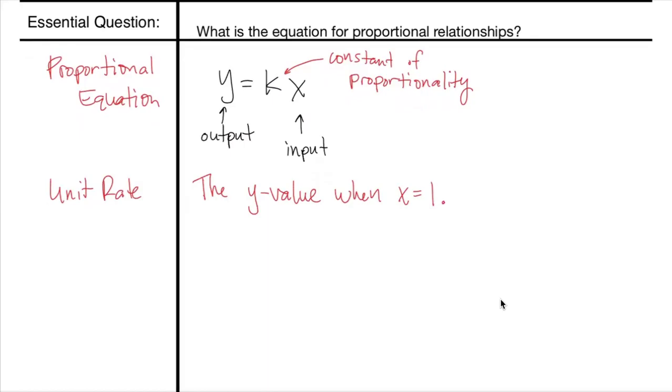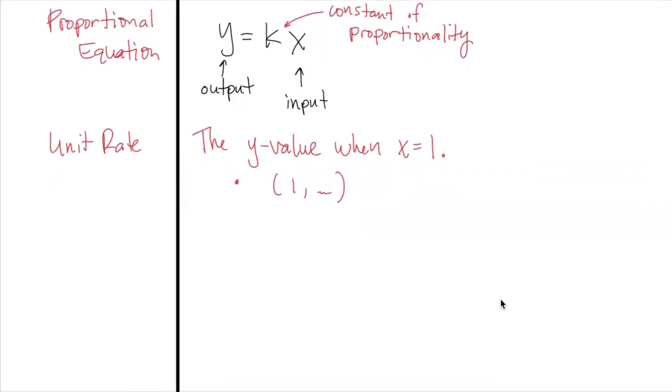Sometimes that looks like an ordered pair, a 1 and then some number. On the graph, remember, we looked at the x-axis, found where it's 1, and then went up to the line. So that's unit rate.